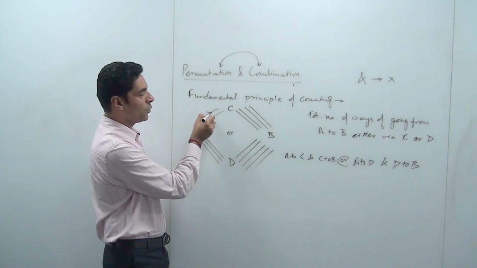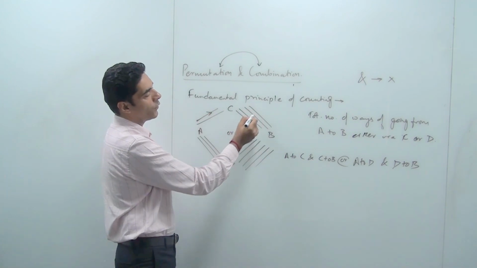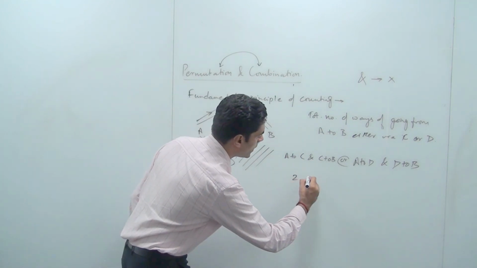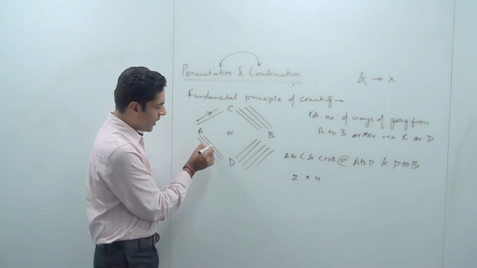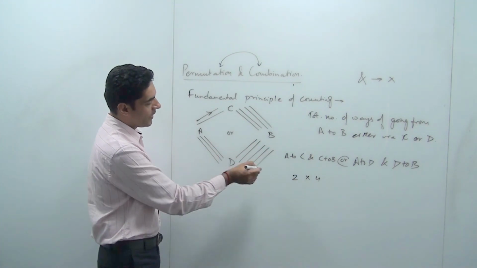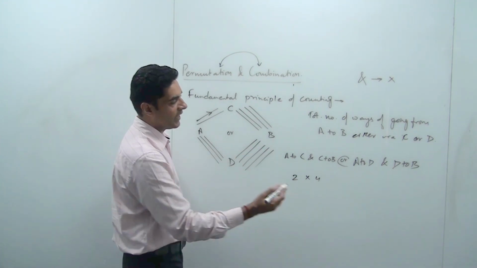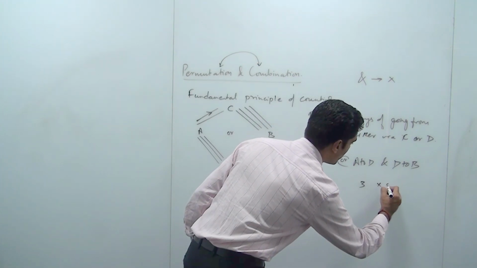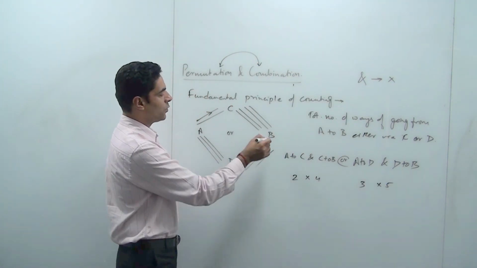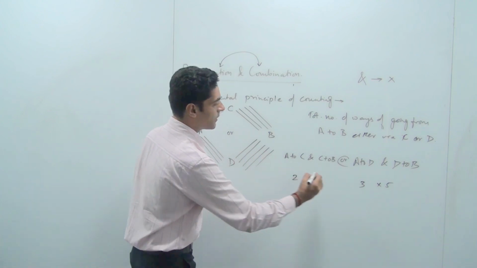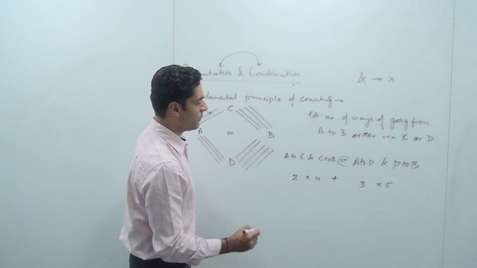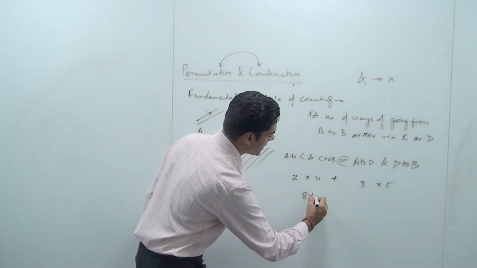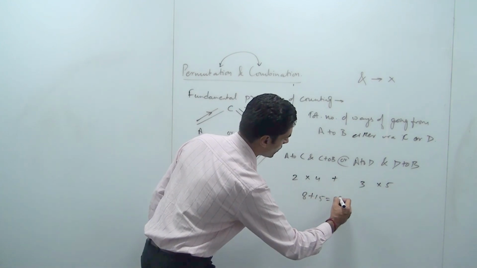That means for these I have 2 into 4, that is 8. Now for one of these routes I have 5 options, second also I have 5, third also I have 5, so it is 3 into 5. I can either take this route or this route. So 'or' stands for addition. So the number of ways will come out to be 8 plus 15, which is nothing but equal to 23.